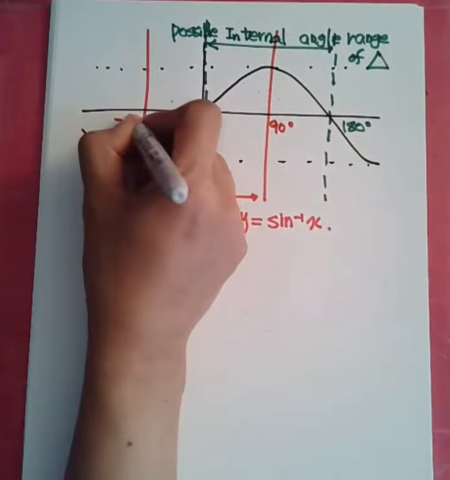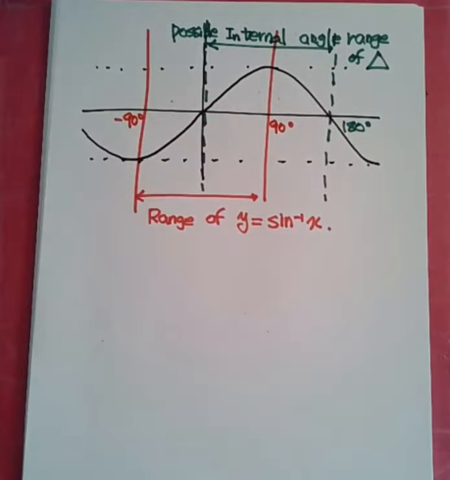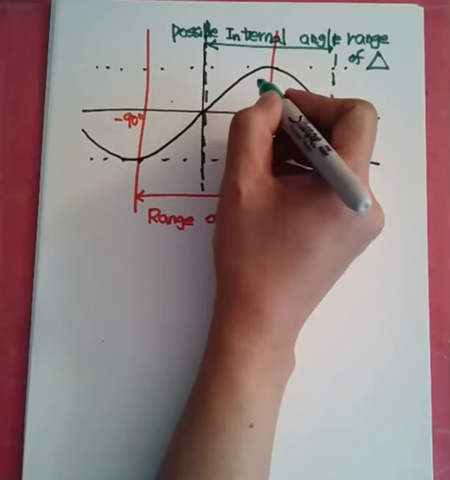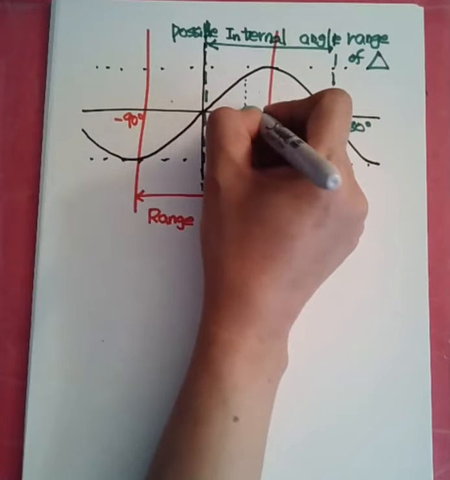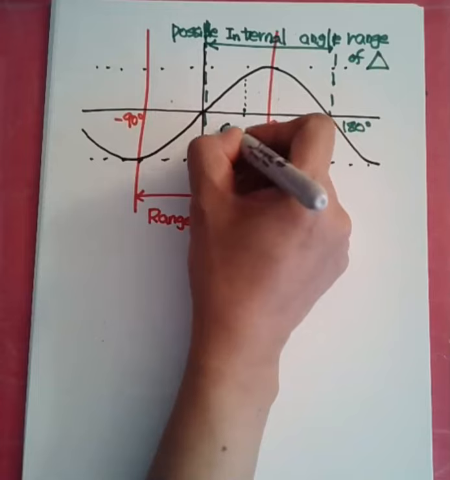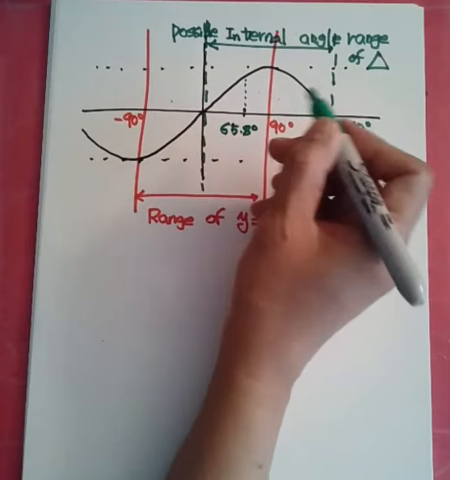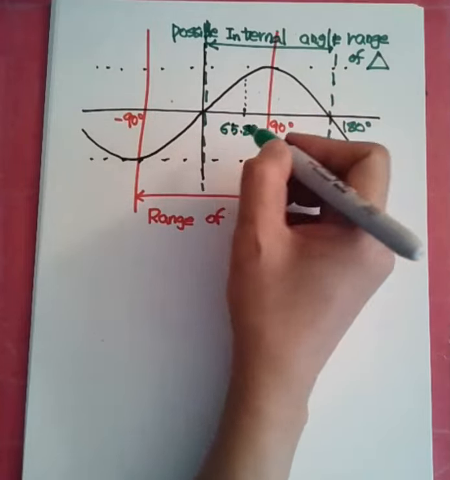This is minus 90 degrees. What happened was we used the calculator to evaluate the inverse of the value, and then we got 65.8 degrees.